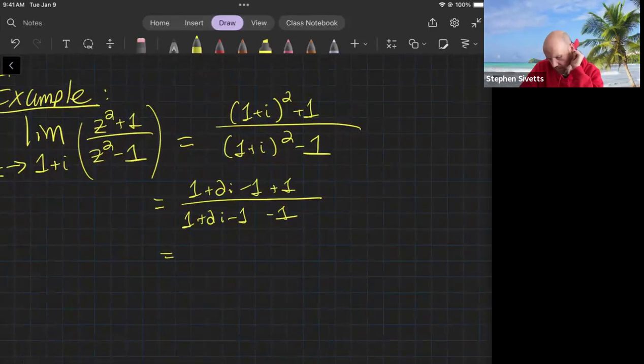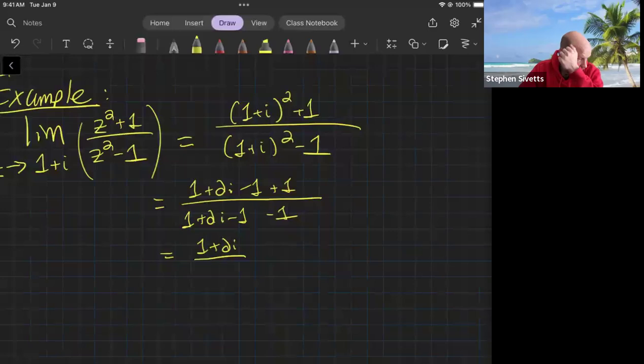So this would be 1 plus 2i divided by minus 1 plus 2i, right?